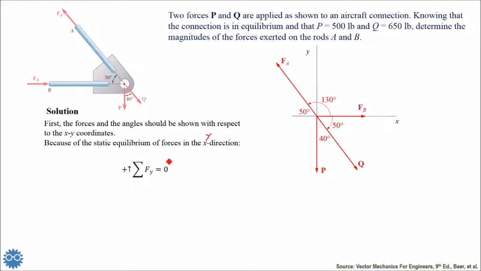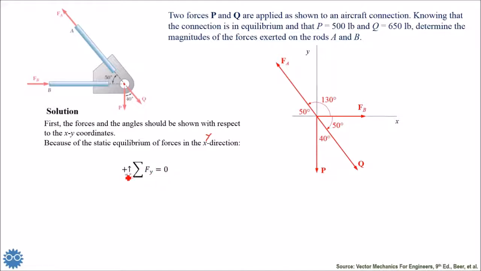First we start with the equilibrium in the y direction. Here, this notation means that the summation of all forces in y direction is equal to 0. So when we sum all the components, if the body is in equilibrium state, that means the sum of the forces, regarding of course their directions, because if they're in opposite directions should be negative and so on, should be 0.